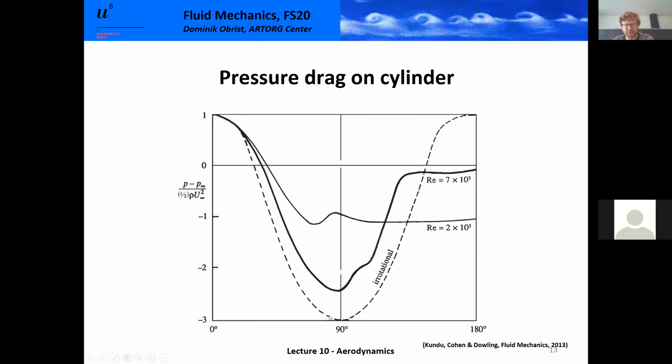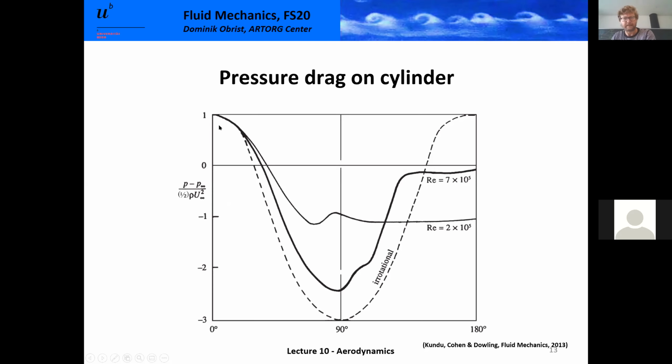The pressure is reducing. This is the fastest point of the velocity, and so the lowest pressure. And as we go back on the downstream side of the cylinder, the velocities in potential flow decrease again, and we come back to the stagnation point at the downstream. This was potential flow, perfectly symmetric pressure distribution leading to zero drag.